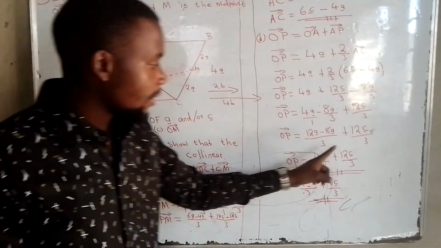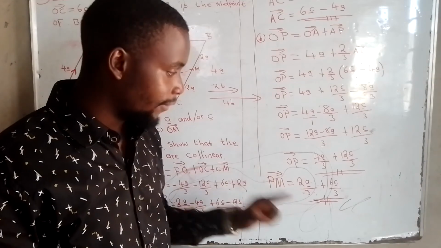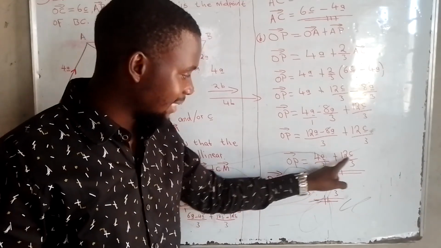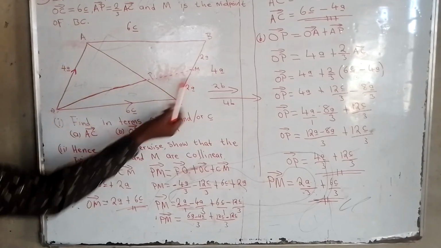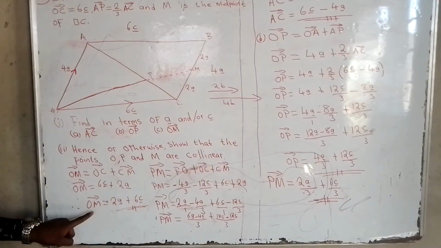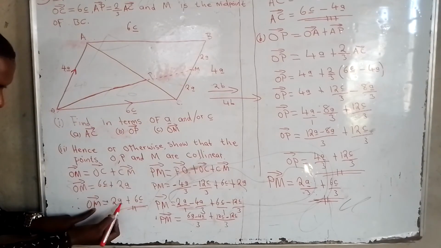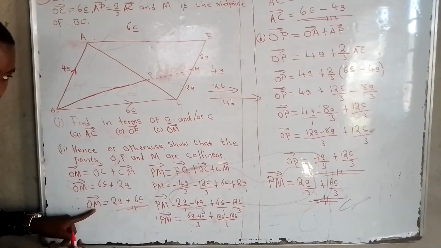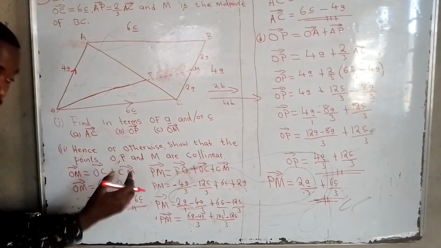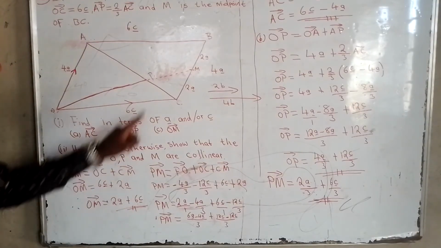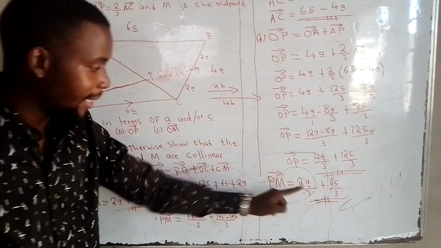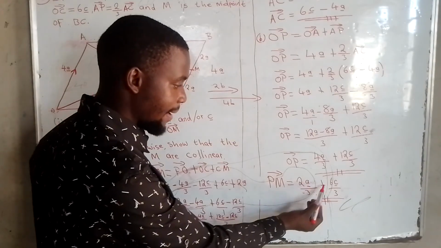So here we have A plus C for OP. Then for OM, we also have A plus C. We only look for the letters. Even PM, we've found, has A plus C.